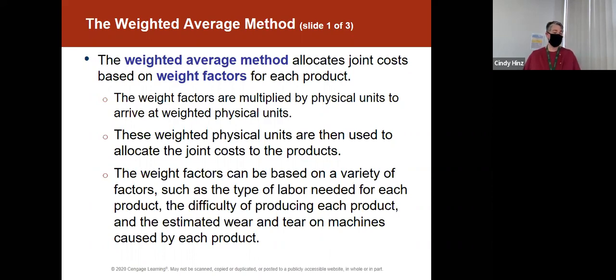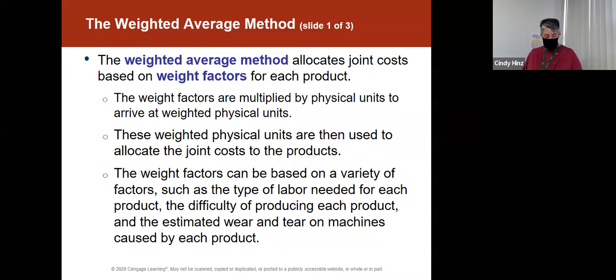So of those 3 products that we were looking at in the last exercise, it could be that one of them, for some reason, takes more work in that joint cost, or it's a harder process. And so we would want to weight that more heavily. We'd want to assign more cost to it.